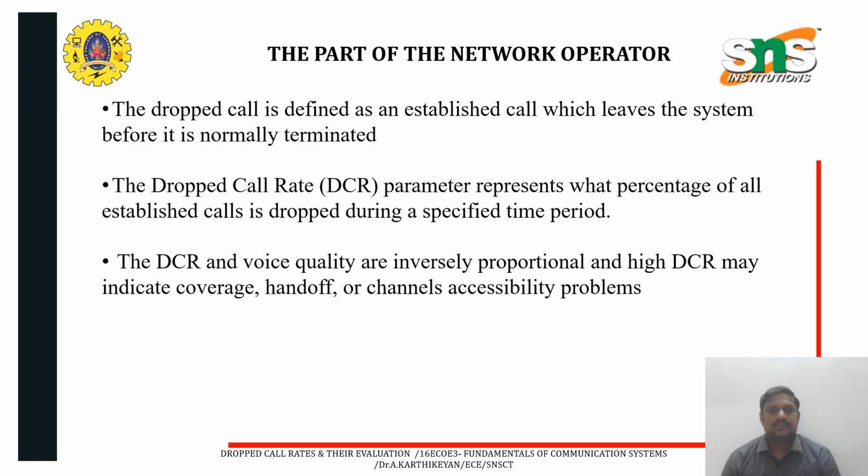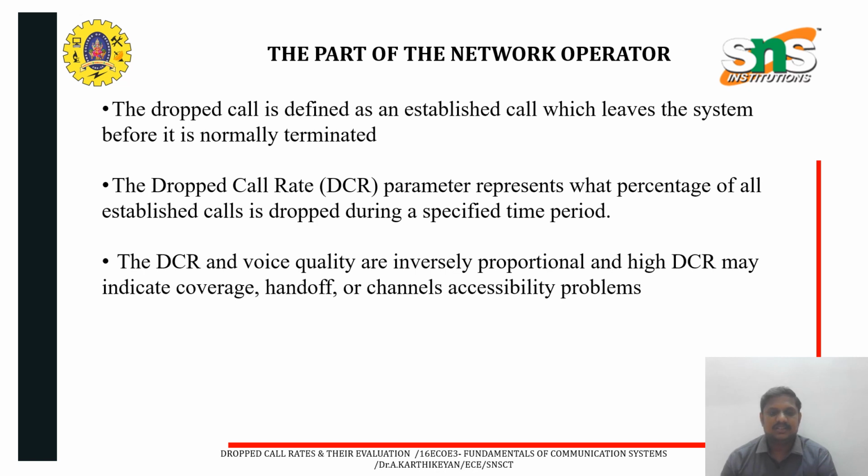A dropped call is defined as an established call that leaves the system before being normally terminated, as I already discussed. Before the user terminates it, the call is automatically dropped. The call drop rate represents the percentage of all established calls dropped during a specified time period.